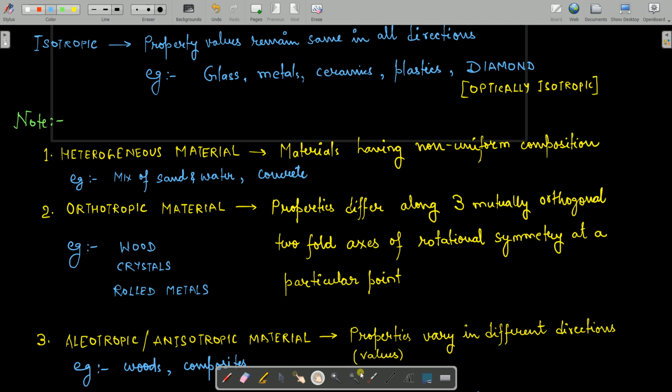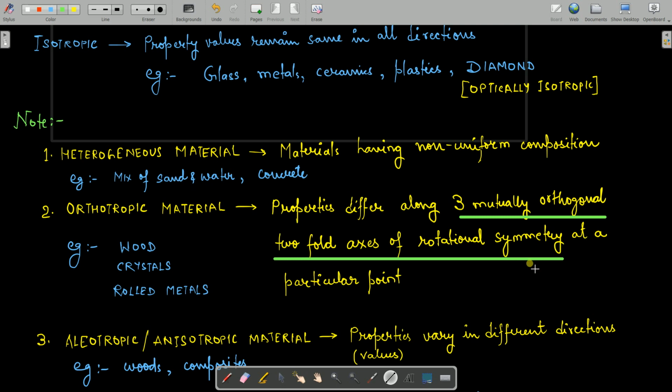Overall, without any reference, you can say these are three mutually orthogonal twofold axes of rotational symmetry. Once you study material science and crystallography in more detail, I will teach you, and you will understand the meaning of twofold, threefold axes of rotational symmetry, and so on. But the correct and most standard definition for an orthotropic material is this.